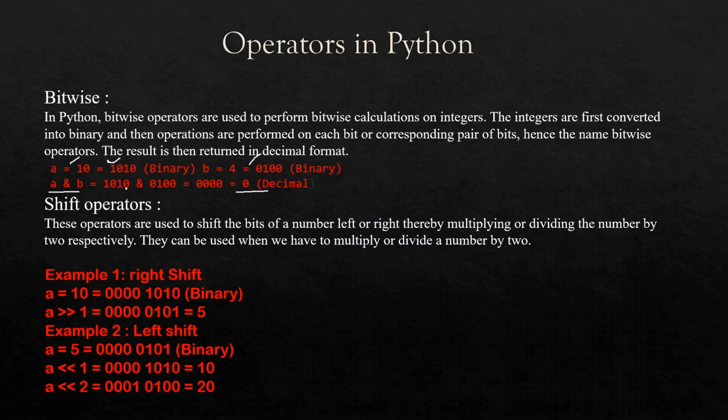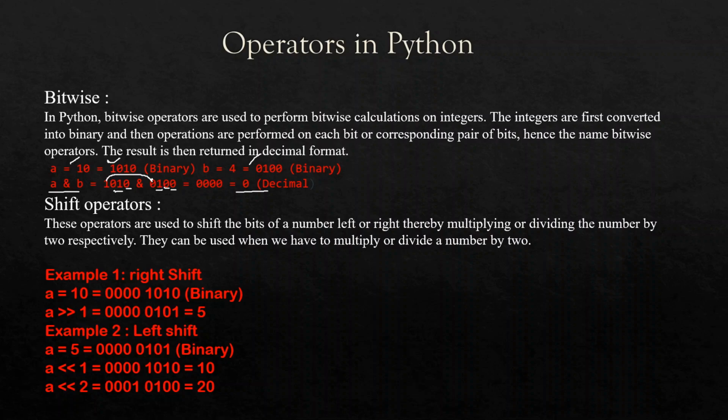So we have performed bitwise AND here: the last bit 0 with 0, the second last 1 with 0, then 0 with 1, and 1 with 0 again. So each and every pair of bits performs the operation like this.